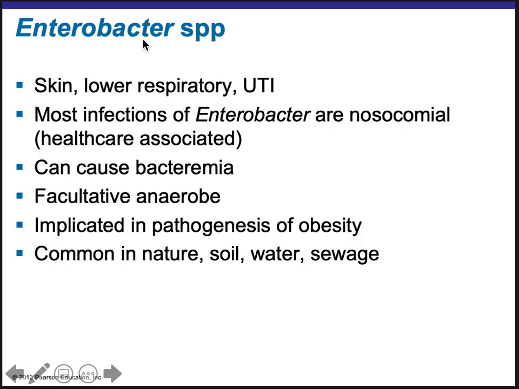Okay, so Enterobacter is a big group, lots of different species. It can cause a few different infections. It can get into the skin, cause a skin infection, lower respiratory, lungs, UTI, right, urinary tract infections. Of about 75,000 gram-negative organisms collected from ICU patients in the United States between the years 1993 and 2004, about 13.5% of those were an Enterobacter species.